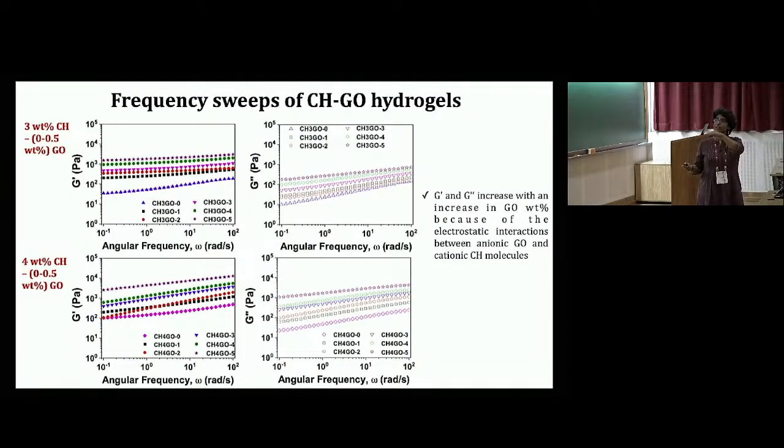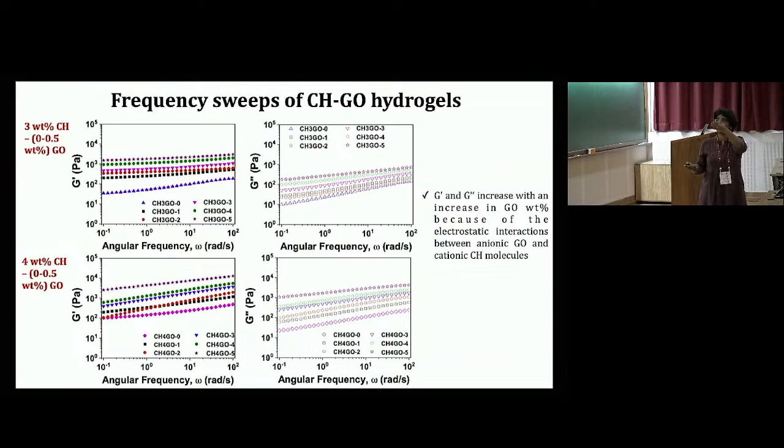We also calculated G prime as equal to A omega raised to B, and how B varies with the concentration of chitosan and the weight percent of graphene oxide. We could see that as I keep increasing the graphene oxide, B became lesser and lesser. We did not go beyond 0.5 weight percent because, intuitively, you would expect higher and higher modulus, but the graphene oxide is also aggregating with itself.